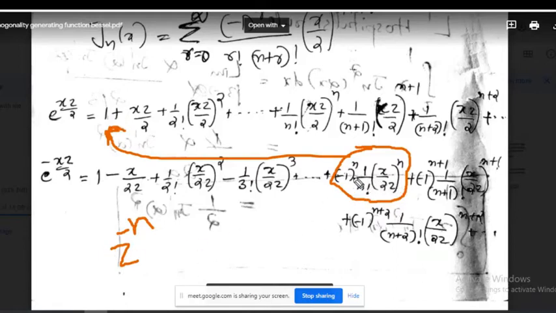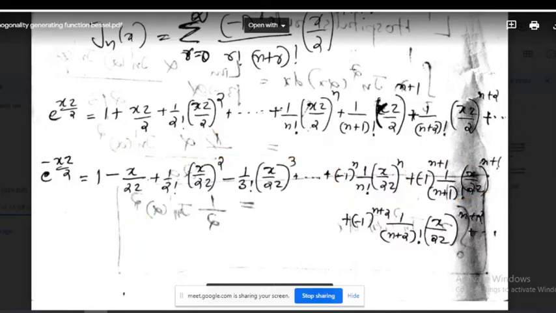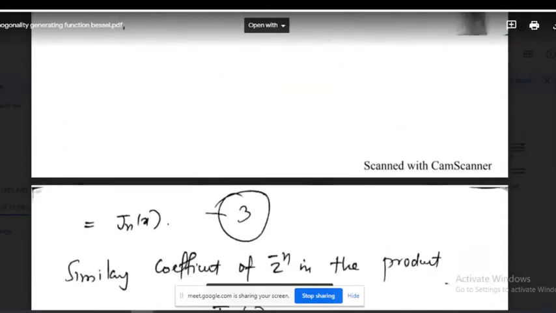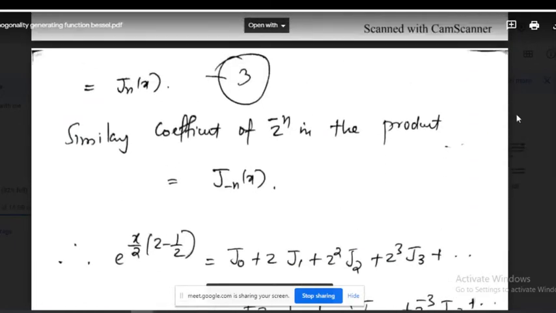From multiplying this with this, I will get the first term containing z raised to minus n. And if I multiply this with this one, I will get the second term containing z raised to minus n. So when we take the coefficient, you will see that it is exactly equal to J minus n of x.